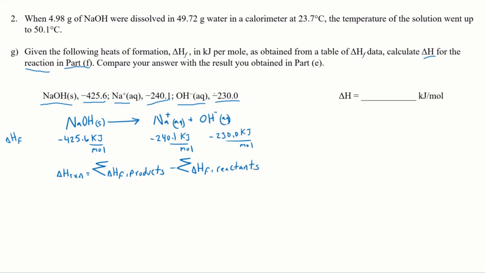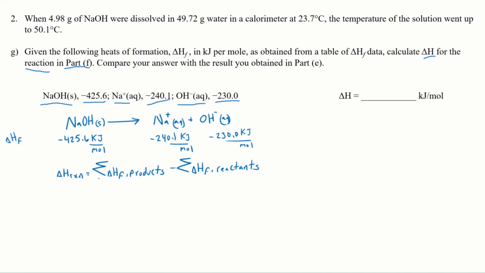Now here I have two products: 1 mole of sodium ions and 1 mole of hydroxide ions, and in the reactant I have 1 mole of sodium hydroxide solid.